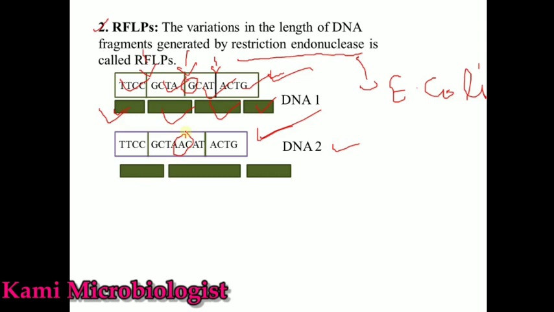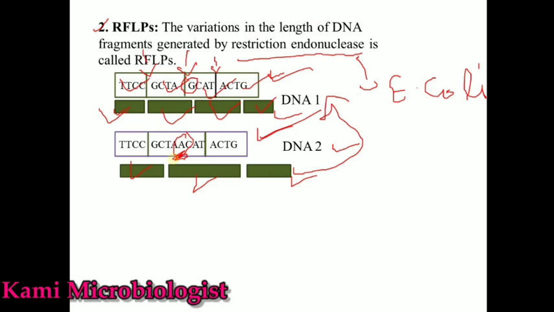The same restriction enzyme will cleave the DNA, but it will not generate the 4 fragments as in the case of DNA 1. It will generate only 3 fragments, as you can see, and these 3 fragments are also different from DNA number 1. So it is due to this one nucleotide, as you can see.